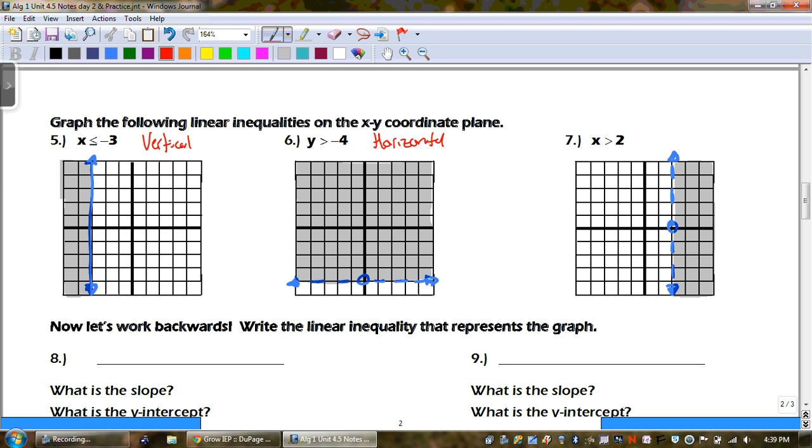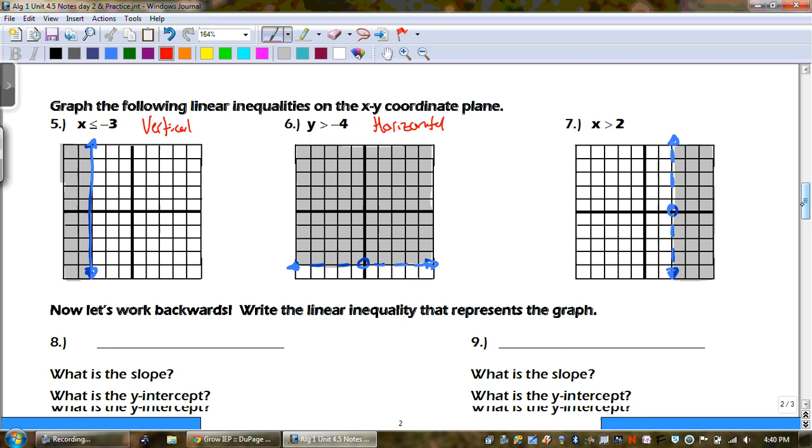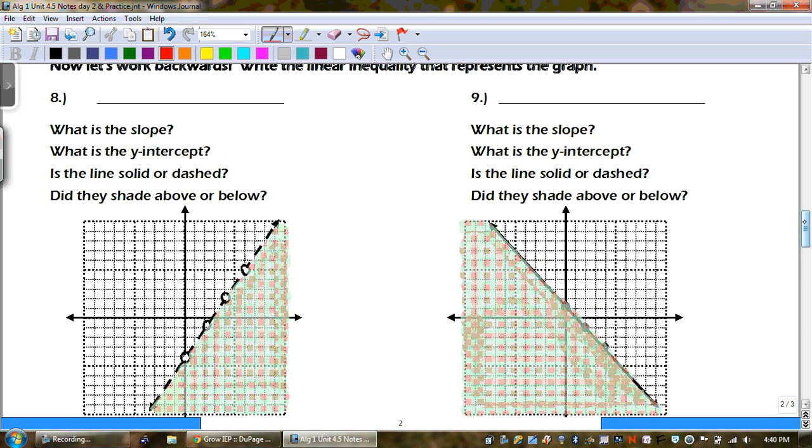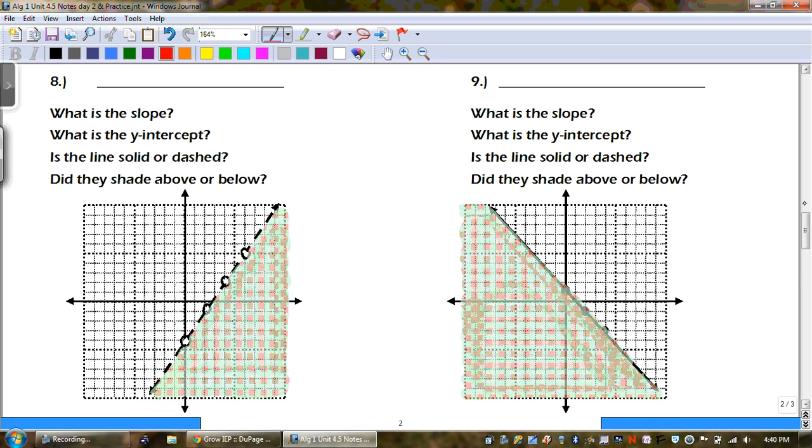Okay? So now we're going to work backwards for these things. We've got a graph, but I don't know what the inequality is. So the first thing that we need to ask ourselves is, what is the slope? So I'm going to come onto the graph. You should just be going from one point to another and counting.